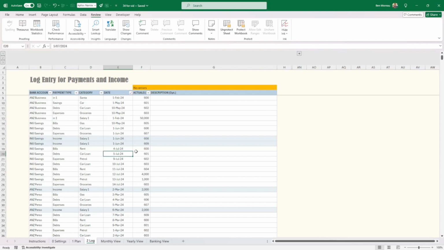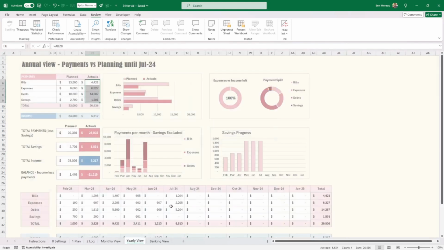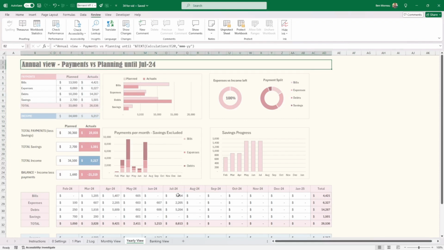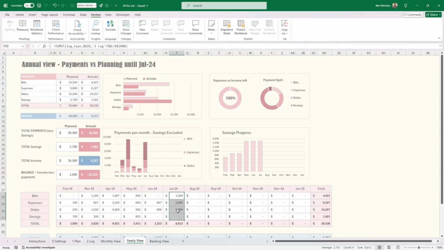Yeah, something in July, which is okay. So the payment vs the planning until July, so something has been input for July, so it knows, and it's changed the plan. I don't know if you've noticed, it's changed the plan, because we would have planned for those 6 months to have $13,000 of bills.